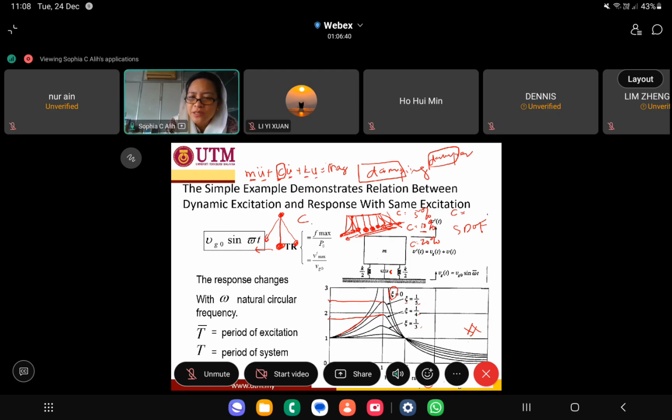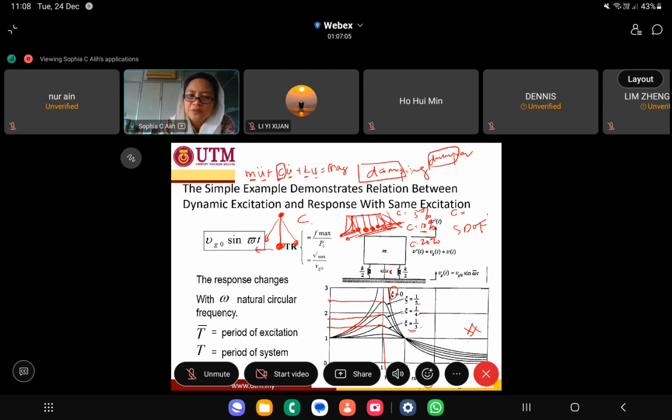And if I increase my damping to 1/3, my amplification factor with the same beta ratio of 1 is going to be 1.5. So if you fall into the category where your beta ratio is at resonance, what you can do to reduce your dynamic amplification factor is to increase your damping.